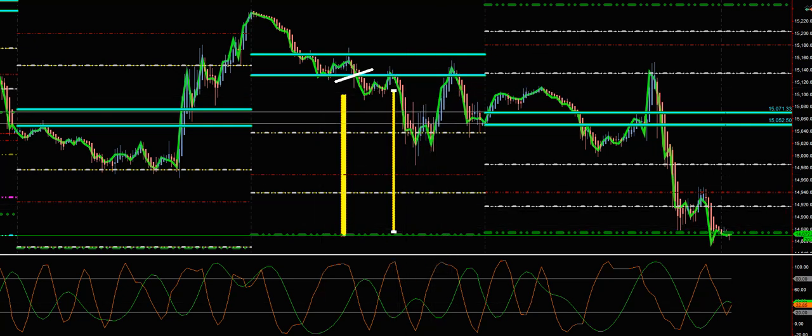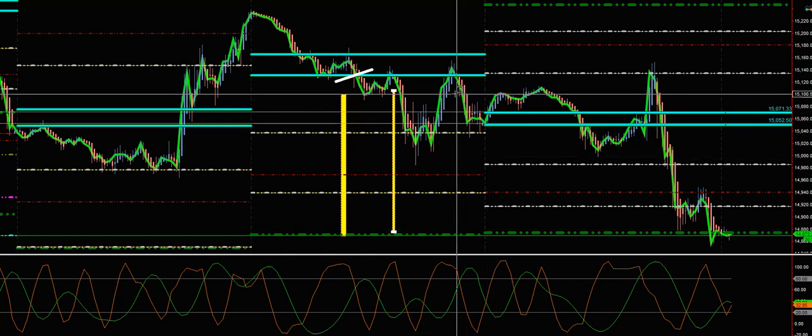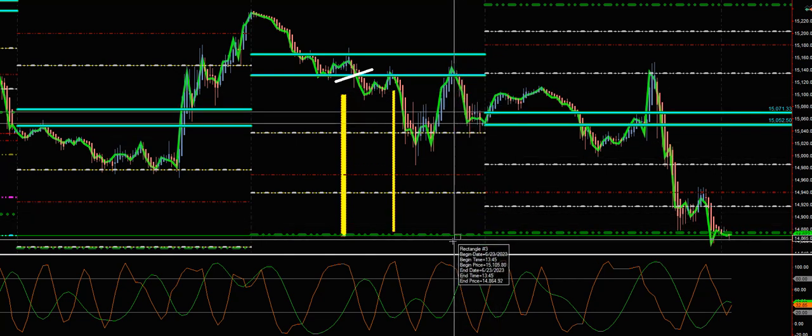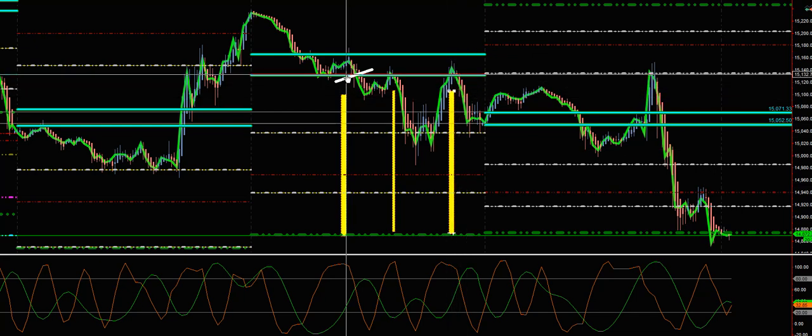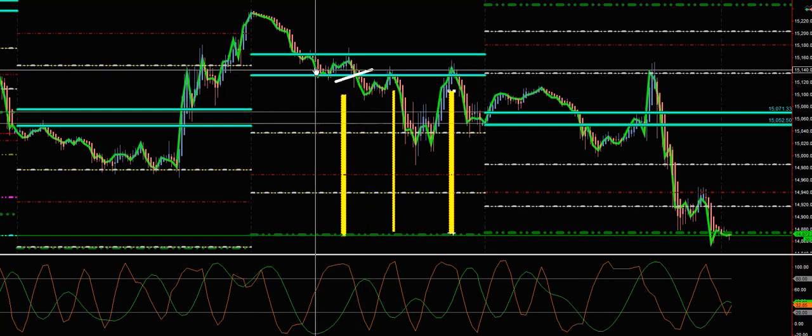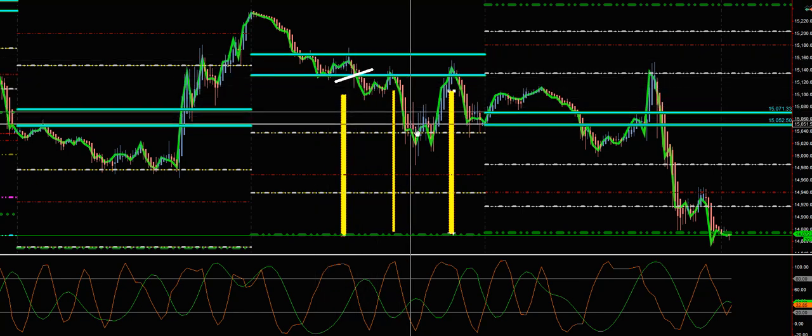Don't worry about the aesthetics of what's going on, but ultimately that's the point, that these were tradable levels after it really exited properly.